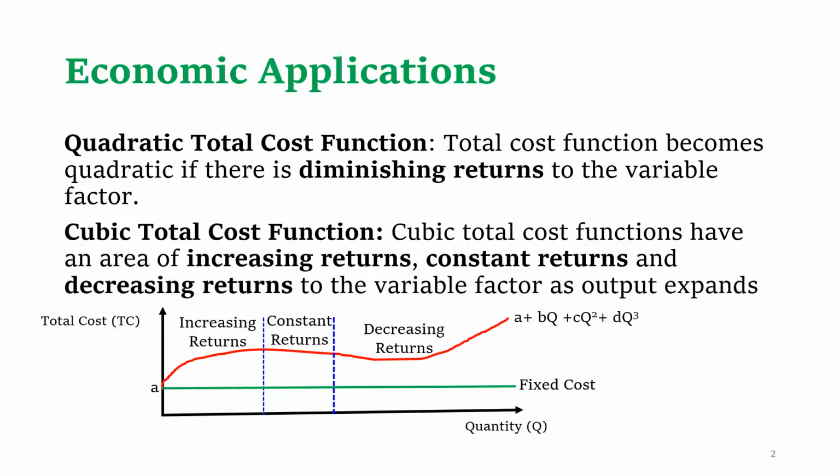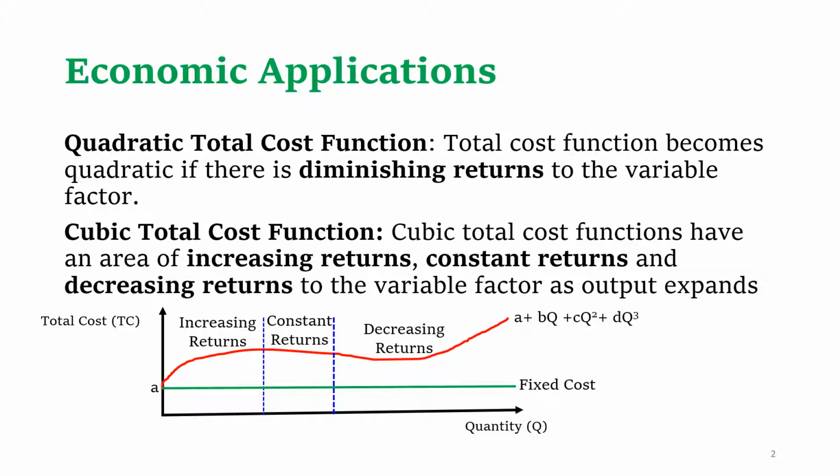You see the first region represents the region of increasing returns, the second region represents the region of constant returns, and the third one represents the region of decreasing returns.